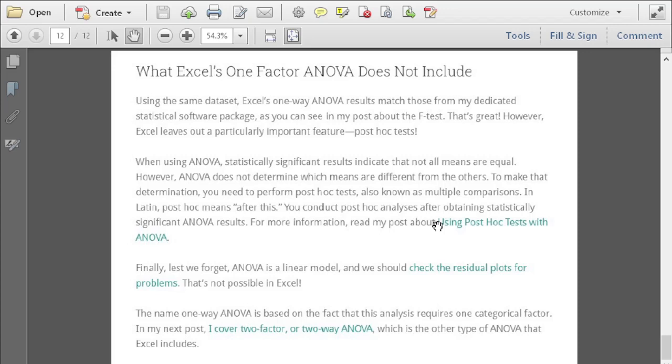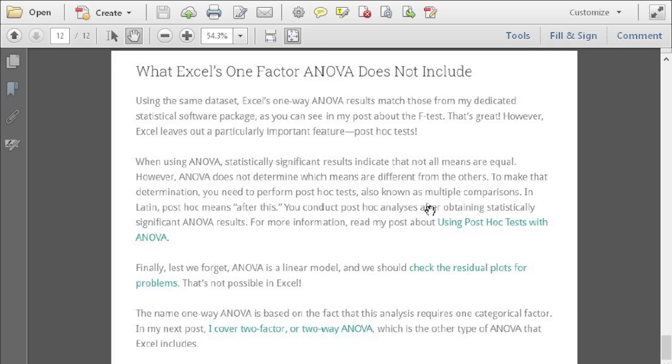When using ANOVA with statistically significant results, ANOVA is good at identifying whether there is a significant difference or not. It's just a yes or no, guys. But we can't determine which of the three means is significantly different among the others.